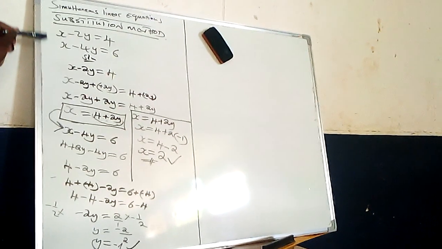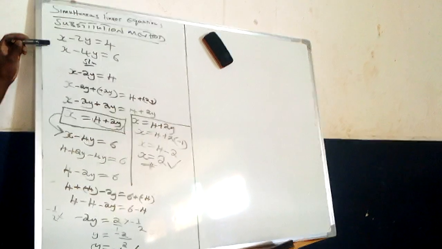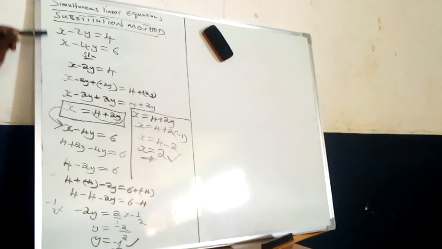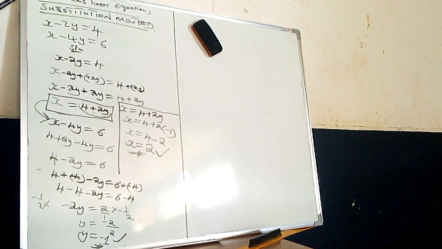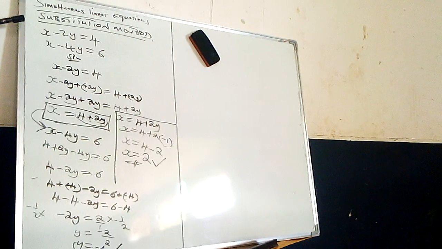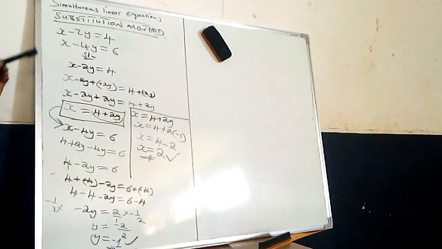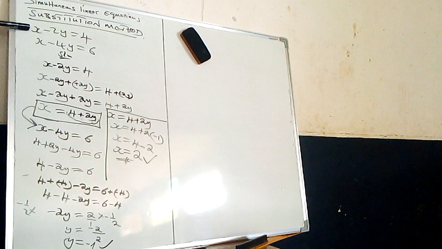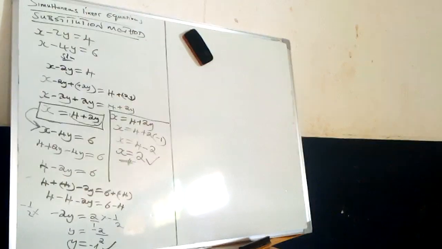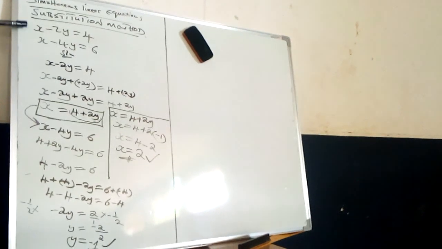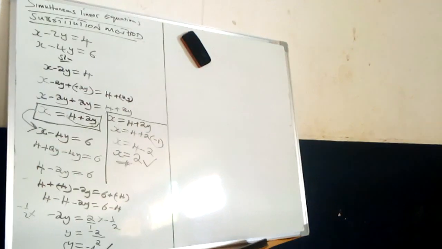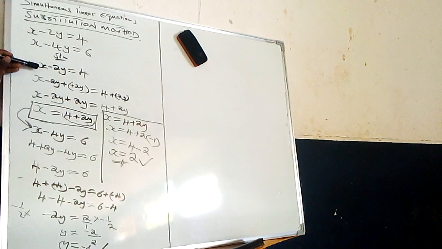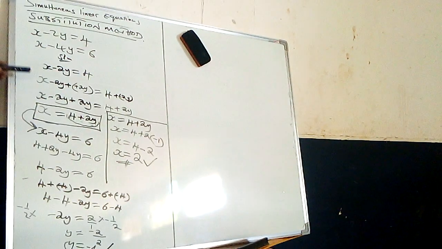So what you do under substitution, just as a review, you have these 2 equations, the first and the second one. If you're going by the substitution method, what you need to do is pick one of the 2 equations, either the first one or the second one. In this case, we chose the first equation. Once you pick it, you make either x or y the subject of the formula.